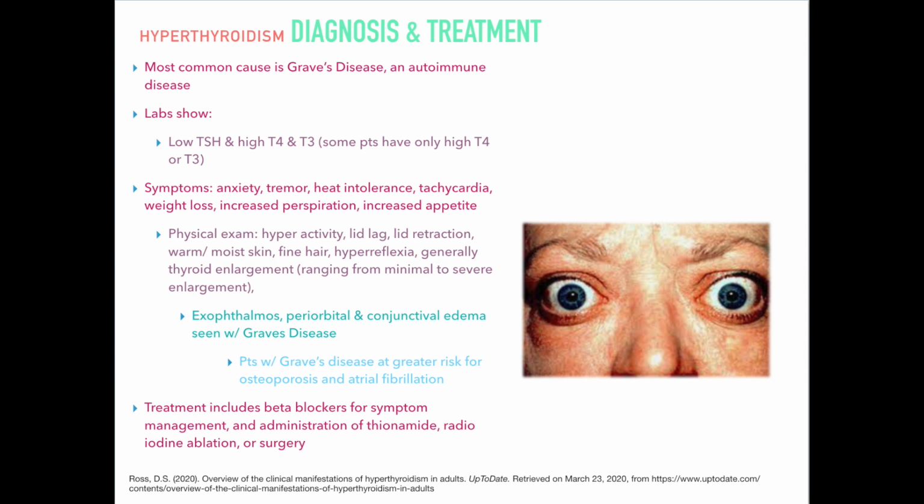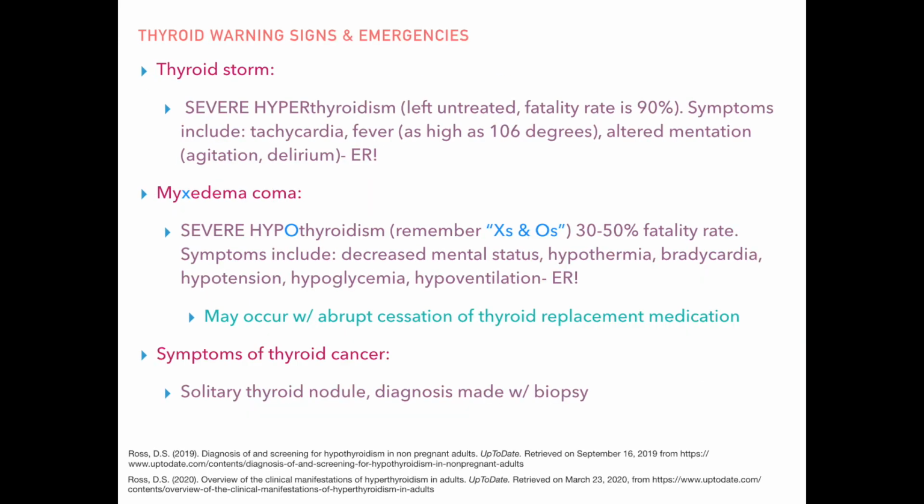I very briefly mentioned here the treatment options for hyperthyroidism, but these patients actually need to be referred and managed by endocrinology. There's 2 thyroid emergencies that you want to know about. One is when it's severely high, and one is when it's severely low. So the thyroid storm is in regards to severe hyperthyroidism.